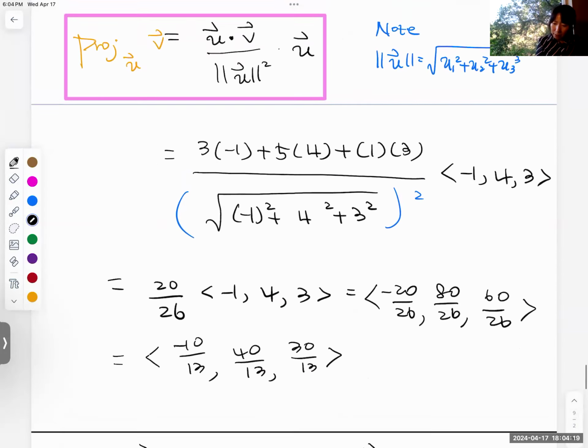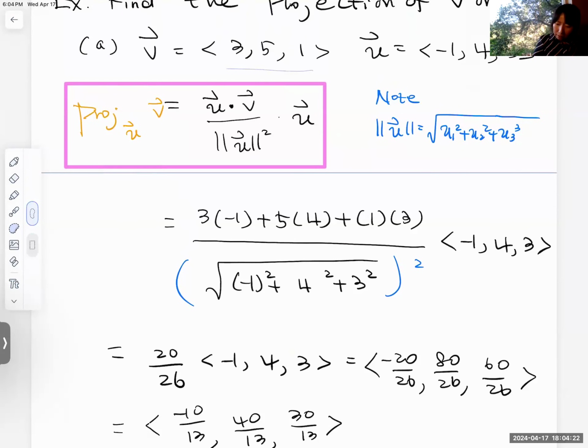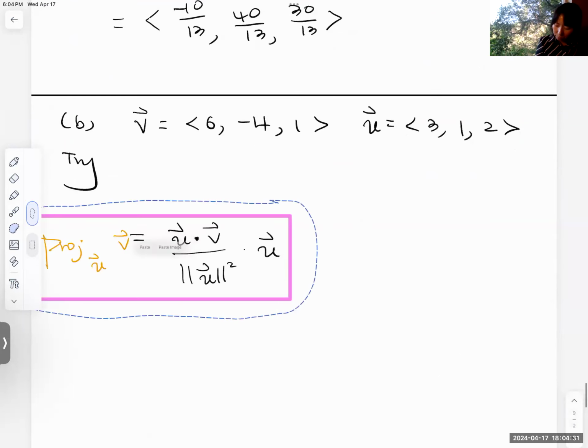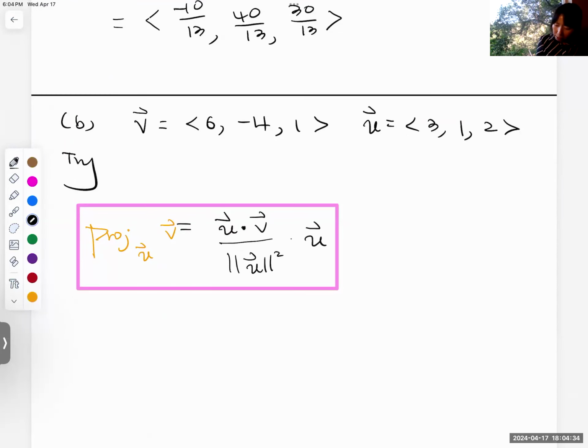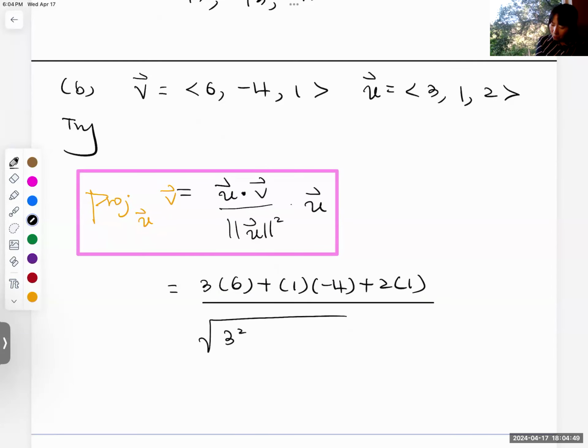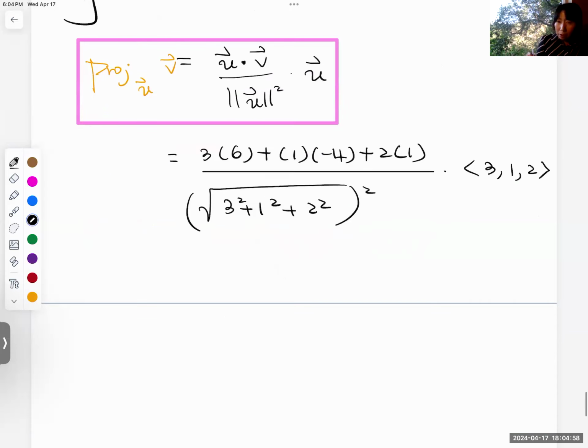Using this one, that will be 3 times 6 plus 1 times -4 plus 2 times 1, over 3 squared plus 1 squared plus 2 squared, and the square root goes away. And then 3, 1, 2.